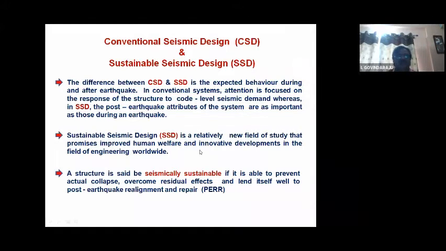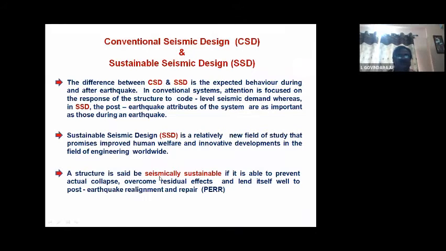And no doubt, in coming days, the method of design will always be the sustainable seismic design. If you incorporate the additional requirements in addition to the conventional seismic design process, then it will become a complete design philosophy.